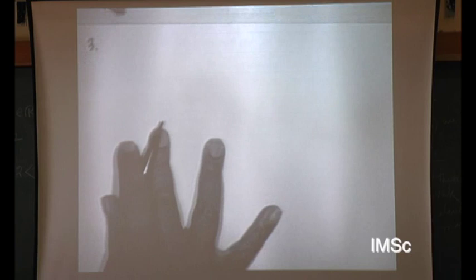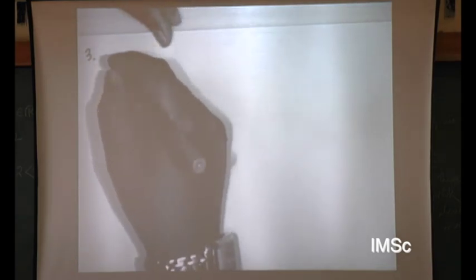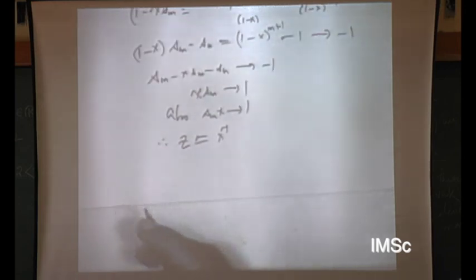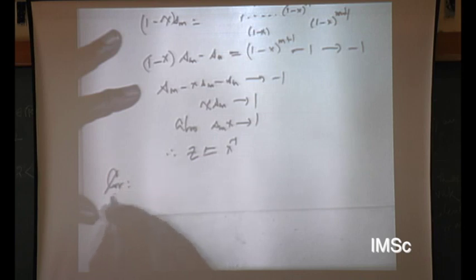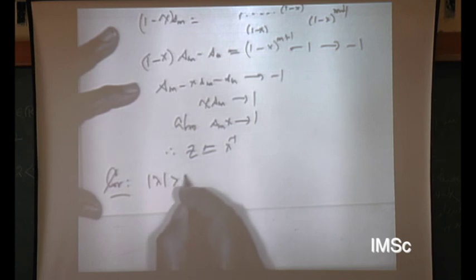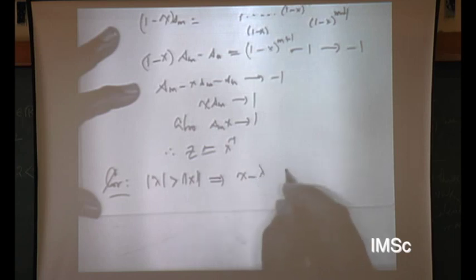I want to say next that, actually let me write down a corollary here itself. So from this, one has a corollary that mod lambda bigger than norm x implies x minus lambda is invertible.